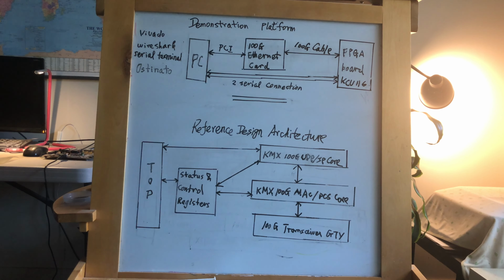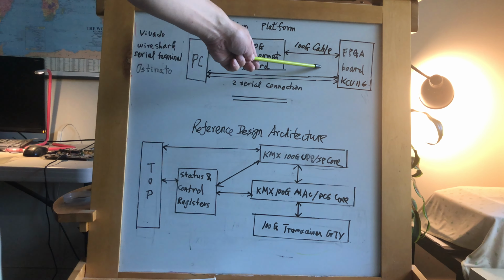Now let's focus on the demonstration platform. Take a look at the picture on the whiteboard. The platform contains 3 components: an FPGA board, KCU116, a 100G Ethernet card, and a PC. In this demonstration, the FPGA board, with the FPGA device on it, supports 100G networking. The board acts as an Ethernet entity.